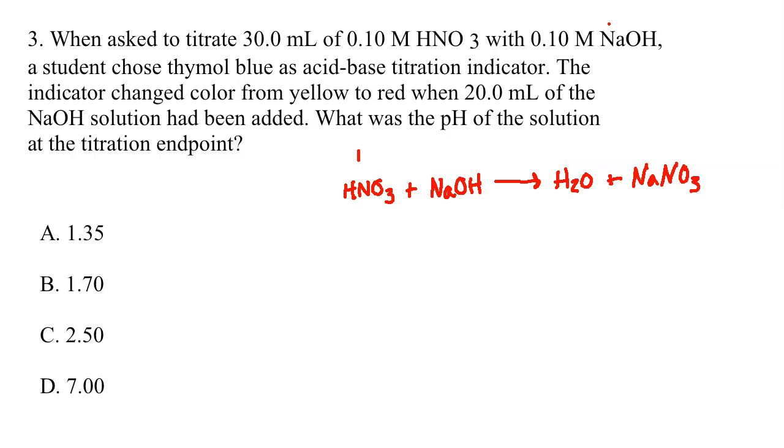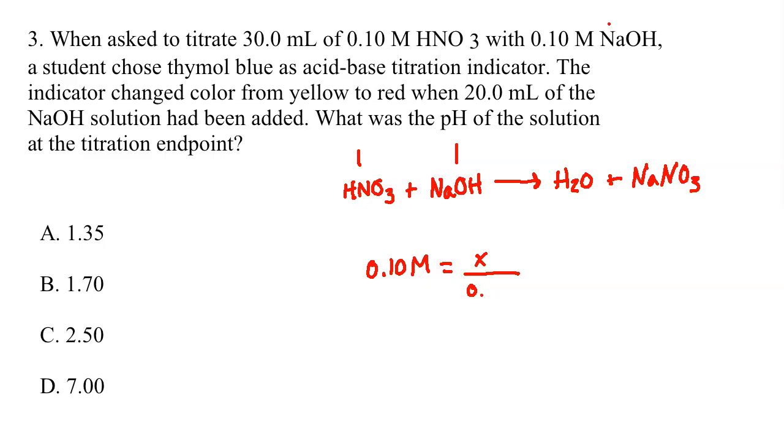This is a 1-to-1 molar ratio when we look at the balanced equation. So that is to say, for every 1 nitric acid, I require 1 mole of sodium hydroxide to neutralize it. So what I want to do is find the moles of nitric acid that were originally present. And I can do that by taking the molarity, which is given in the question, and solve for X in the molarity equation.